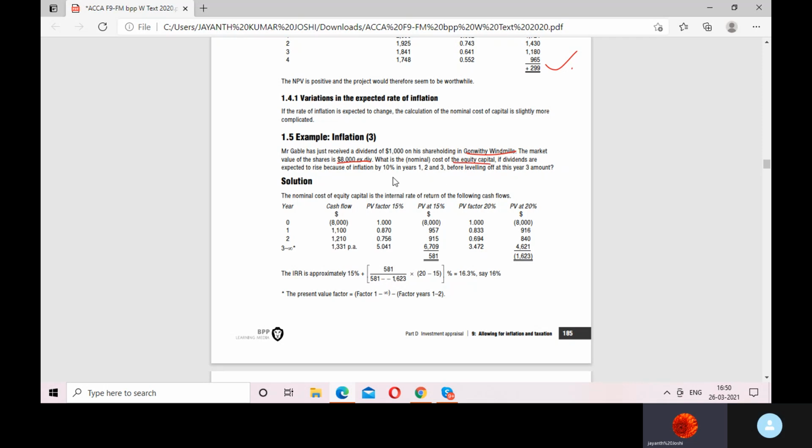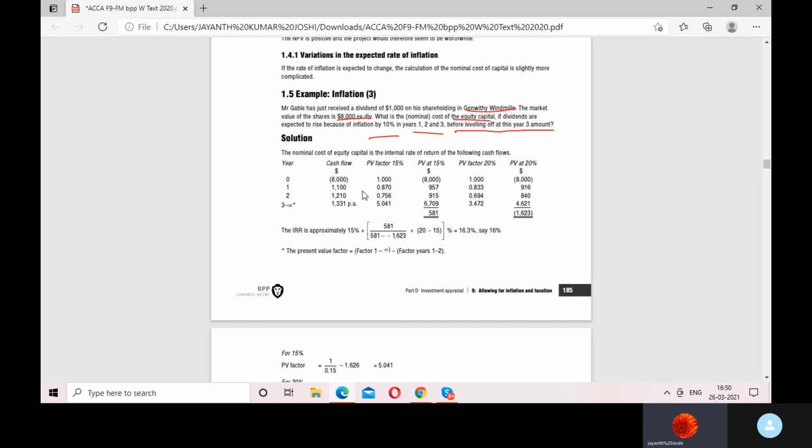If dividends are expected to rise because of the inflation, so they are expecting dividends to rise because of inflation by how much? 10% in years 1 to 3 before leveling off at this year 3 amount. So nominal cost of equity capital is the IRR of the following cash flows. Why?